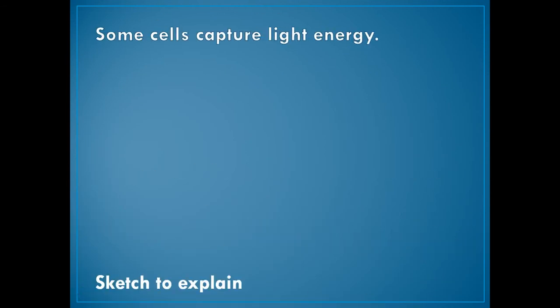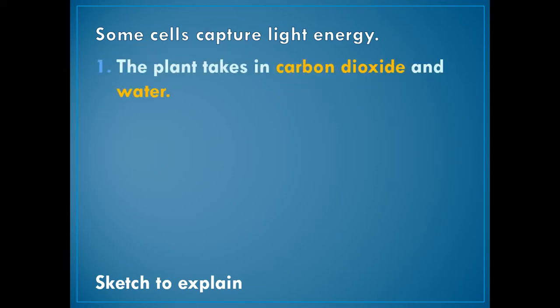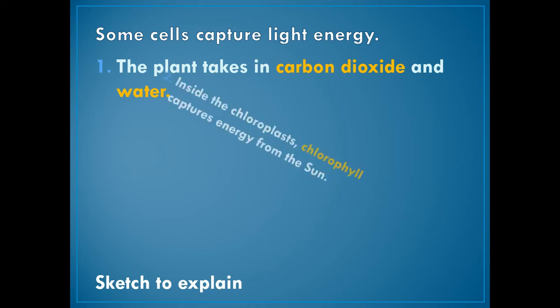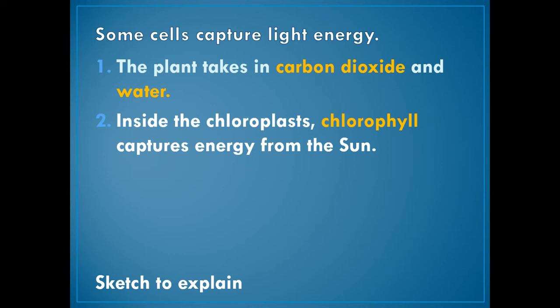Some cells capture light energy. Capturing light energy is the process of photosynthesis. The plant, or the autotroph, sometimes it's a bacteria, takes in carbon dioxide and water from their environment. Those two molecules go into the chloroplast, and chlorophyll, which is that pigment chemical inside, captures light energy from the sun.